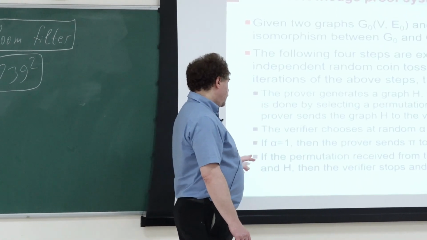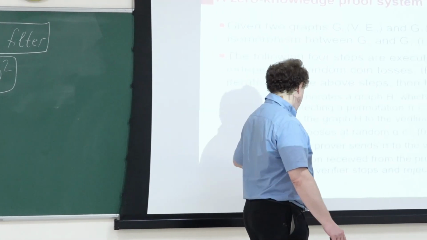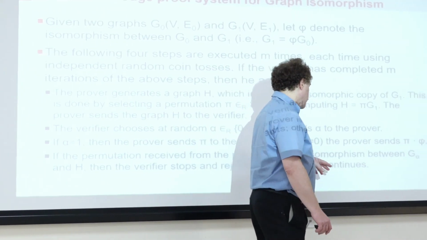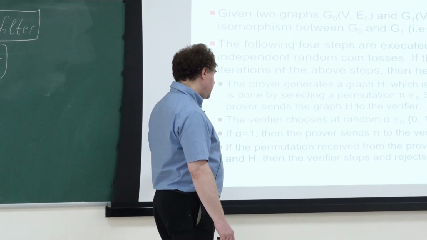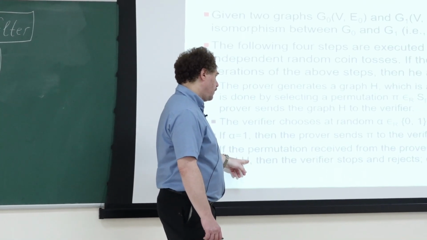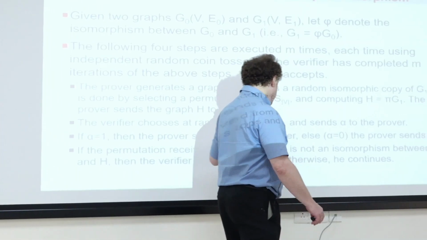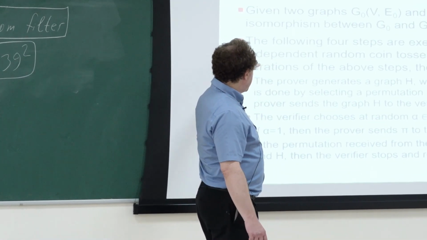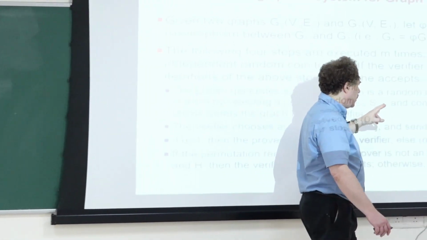So the verifier gets all the data and checks if there is an isomorphism between G alpha and H. If alpha is equal to 1, then the verifier does the same calculation that the prover did earlier.